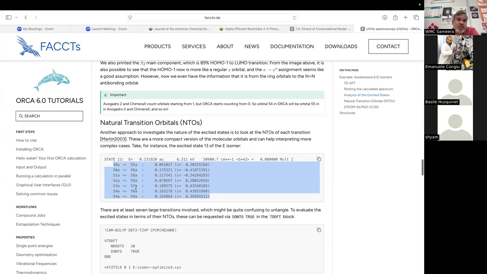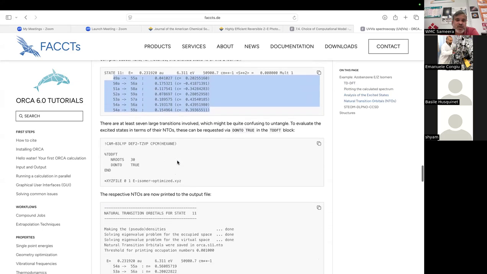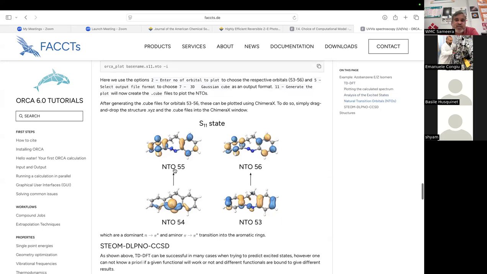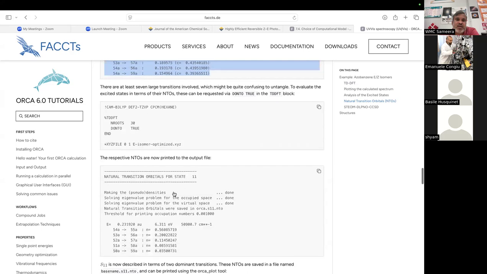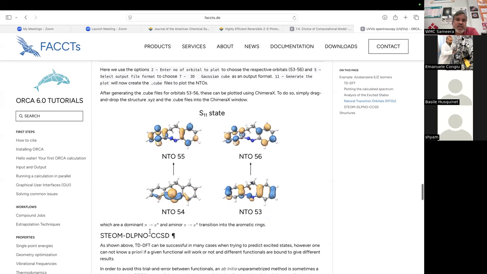So what you can do is basically to compute these natural transition orbitals, and then you can get a picture like here, for example, and then you can see a combination of all occupied orbitals, and this is the unoccupied orbitals.